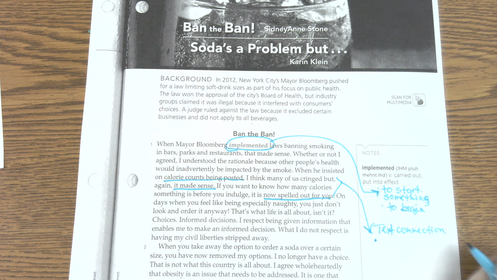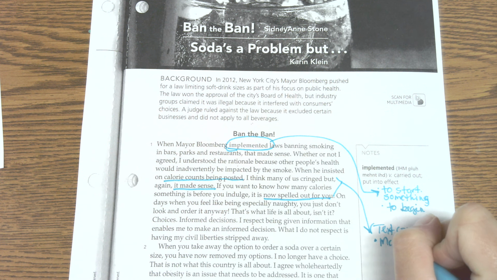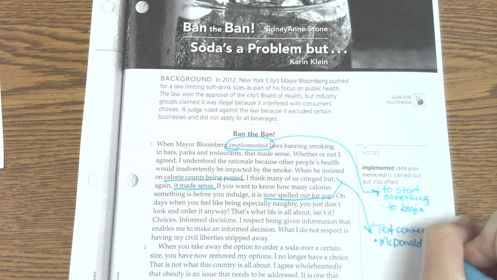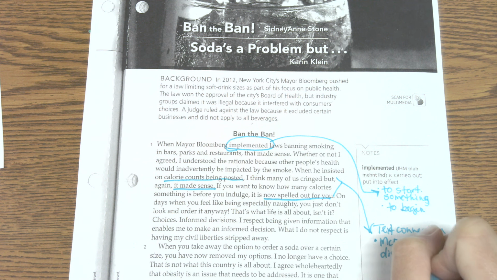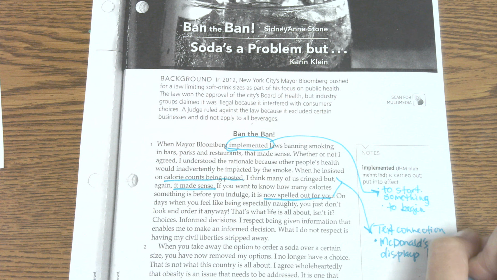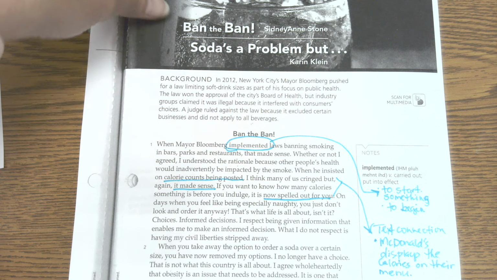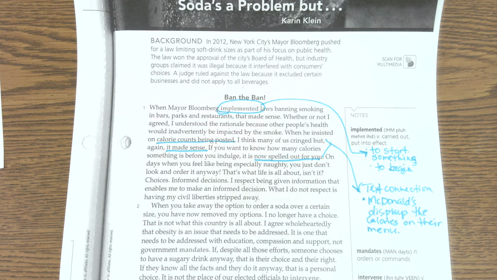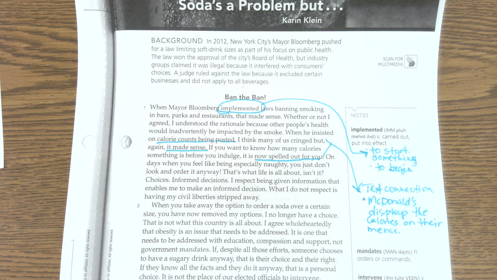So I shared in class that McDonald's displays the calories on their menu. Okay, and then I also shared in class that I remember when McDonald's didn't share their calories, before the health conscious minds came around.